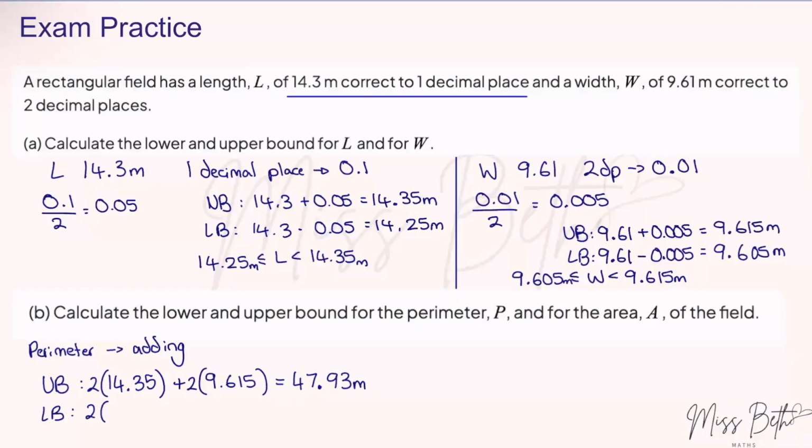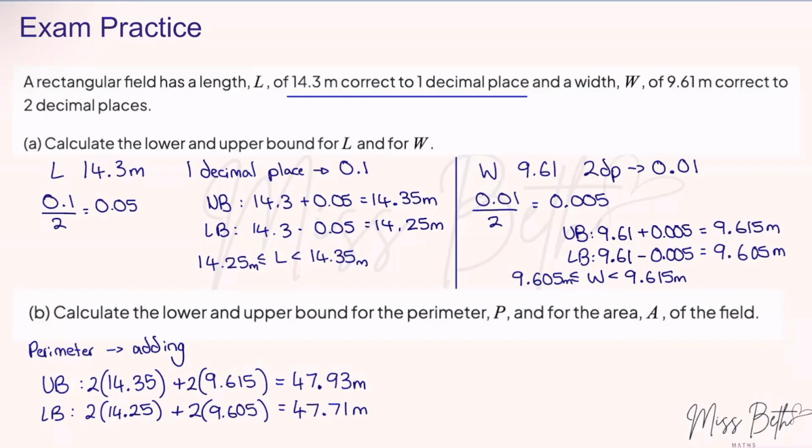We're going to repeat the process for the lower bound, exactly the same, but just using both of the lower bounds this time. So 2 times 14.25 plus 2 times 9.605. Then add those together, and we would get a lower bound of 47.71 meters.